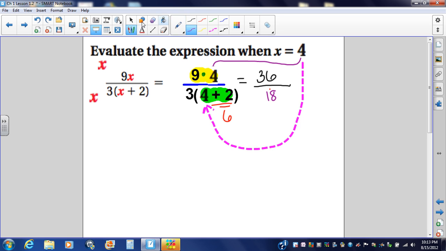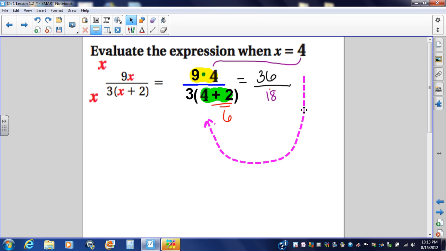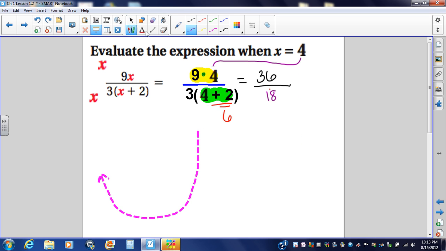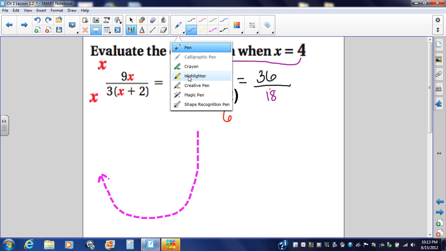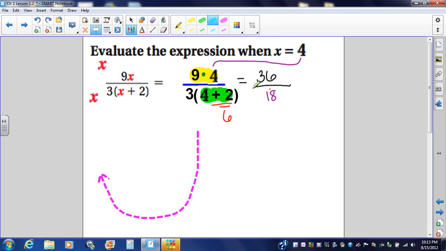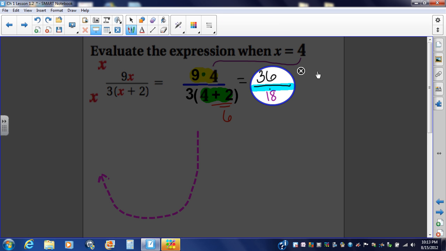The last thing I'm going to do is divide, because the fraction bar in math means division. So this means 36 divided by 18.